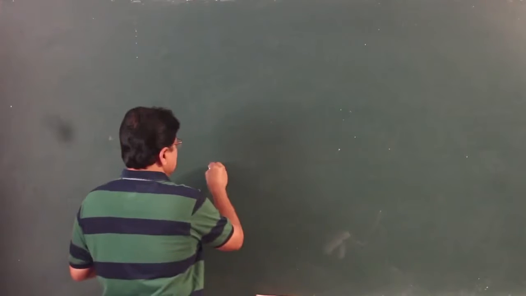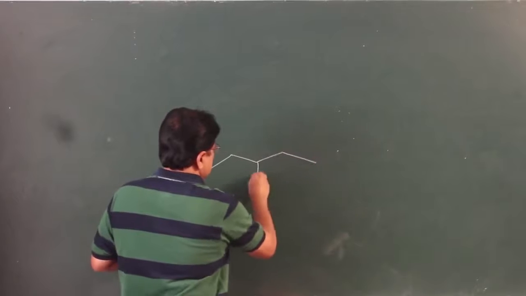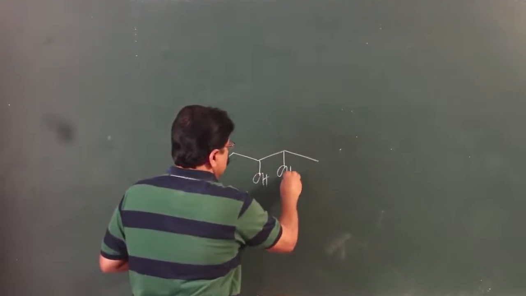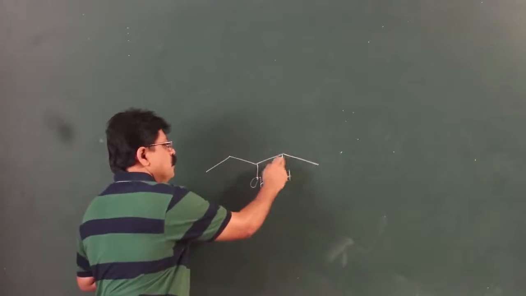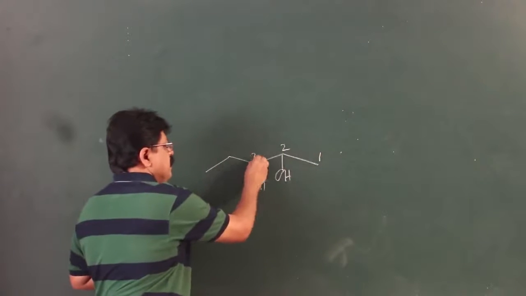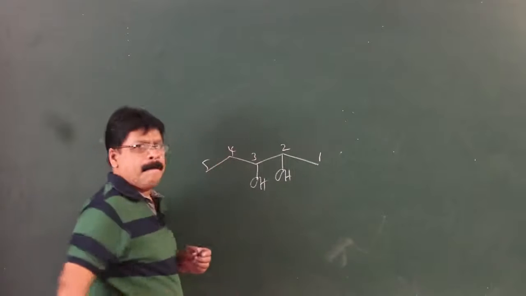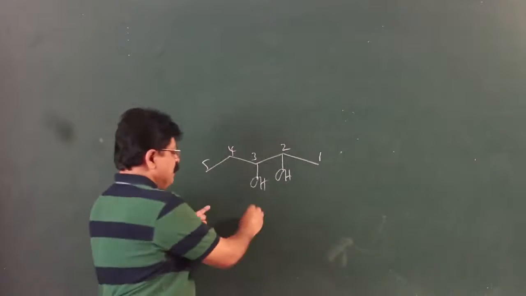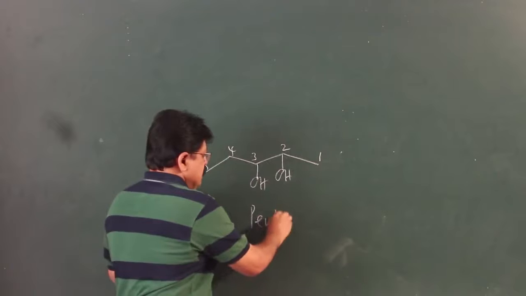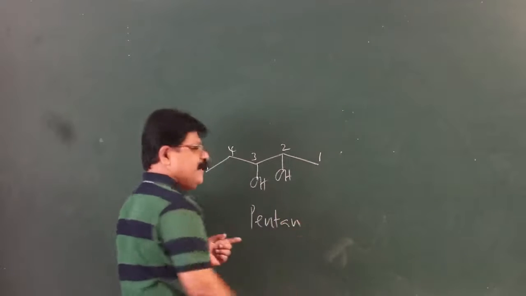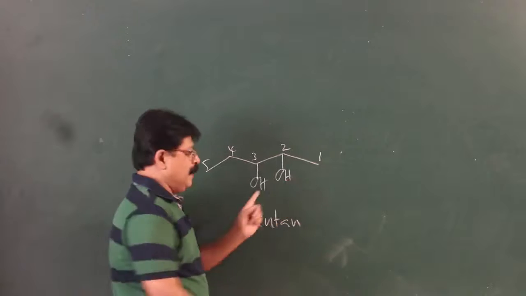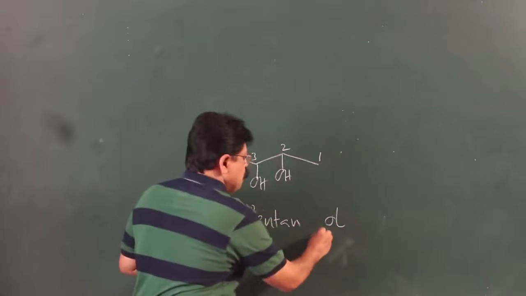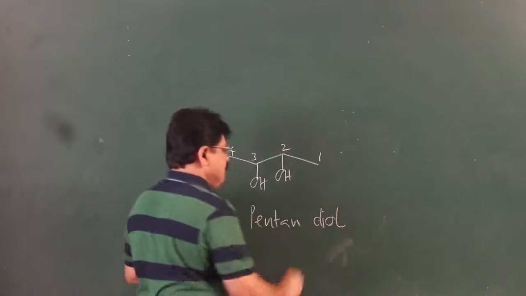Another interesting example is this. There are 2 OH groups. You have to put numbers 1, 2, 3, 1, 2. So, you start numbering from this end. What will you call a 5 carbon system? Pent. Single bond, ane. Instead of E, you have to write OL. Now, there are 2 OL, what will you put? Di.